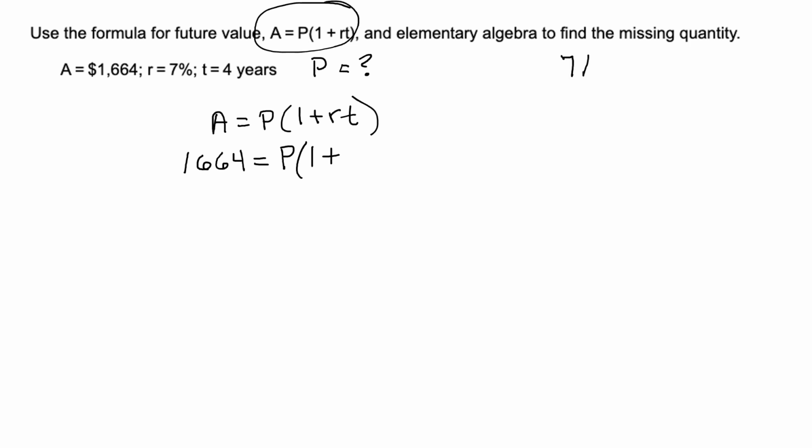But remember, I need to write a decimal. So 7% is the same as 7 divided by 100, which is 0.07. So now I have R, which is 0.07, times T, which is 4. My first step is to multiply the values within the parentheses.